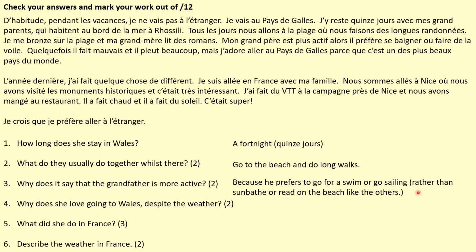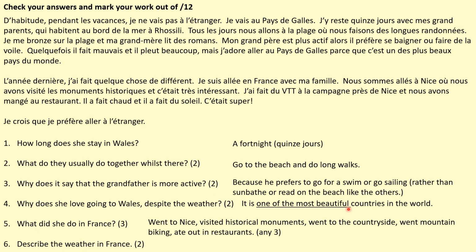Number 4, despite the weather, she loves going to Wales because it's one of the most beautiful countries in the world. This is worth 2 marks. You have 1 mark for saying that Wales is beautiful, or something like that. You get your 2 marks if you have been very specific and used the superlative in your answer. Number 5.